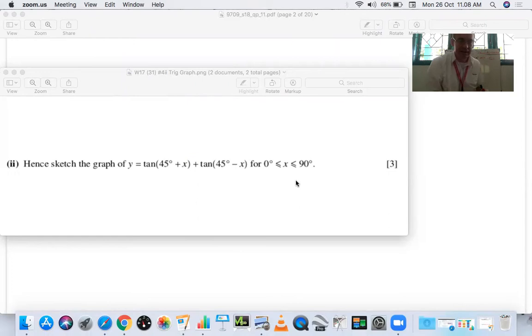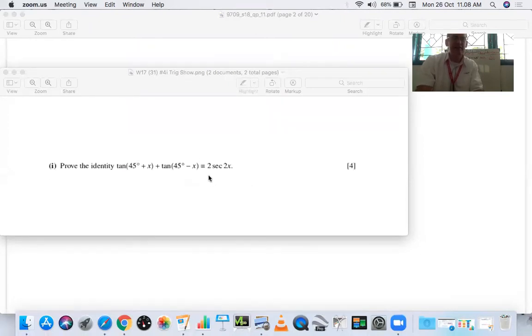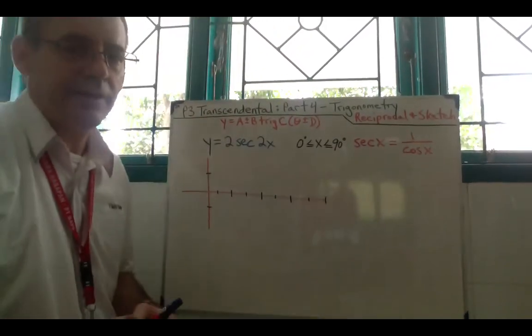So from 0 to 90 is our domain statement. That's the section that they want graphed of this tangent expression. And of course, we don't really have to graph that. This hence connects us back to the 2 secant 2x. So this is really what we're going to graph here, the 2 secant 2x over the domain of 0 to 90.